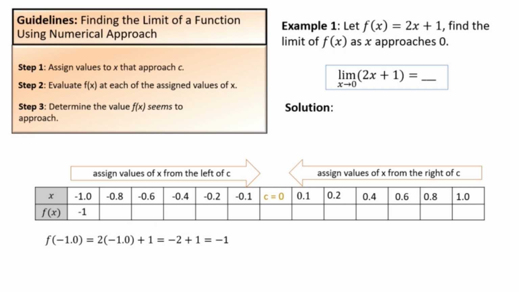Next, when x equals -0.8, we have f of -0.8 equals 2 times -0.8 plus 1 equals -0.6. So we write -0.6 in there. If we do this computation, we use a calculator, and we will get the rest of the values for f of x.